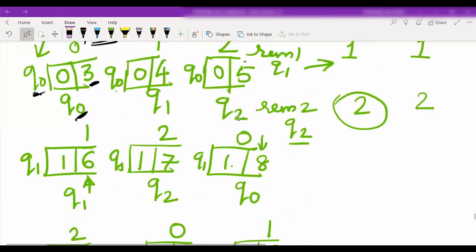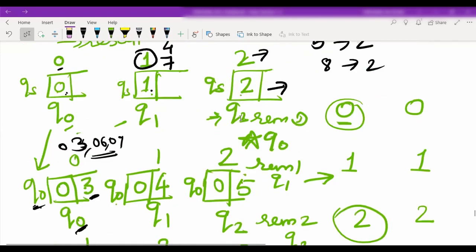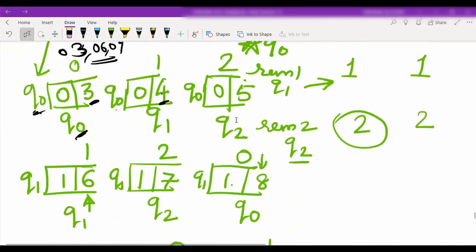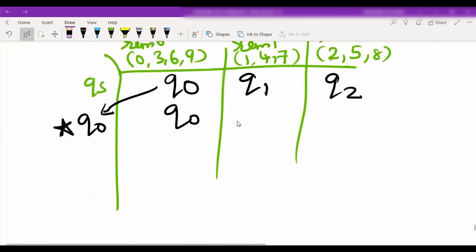Now Q0 with the next bit as any element from the remainder 1 set, so it can be 4 or 7 or 1. Either 4, 7 or 1 always results in remainder 1. That's why it is going to remainder 1. Okay, Q0 with the next bit as 2 or 5 or 8 always goes to remainder 2. That's why we are going to the state Q2. Now next, from here Q0 is considered.